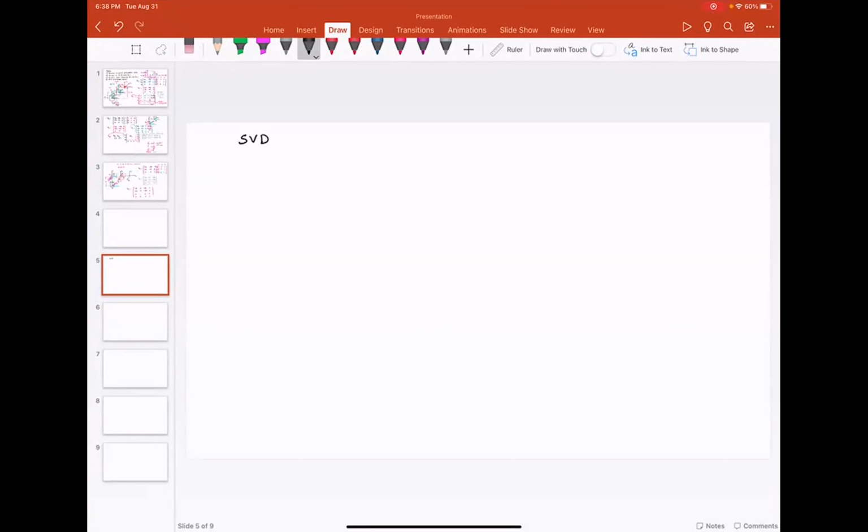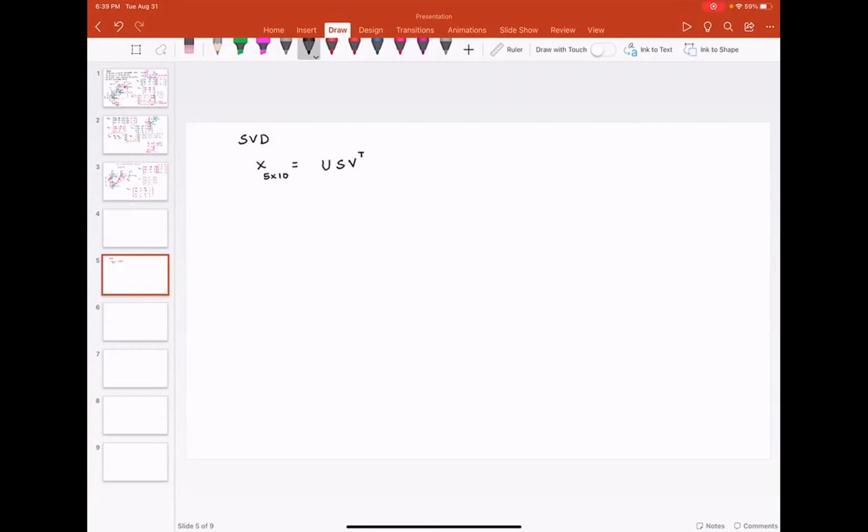If I have a rectangular matrix X, maybe 5 by 10, you cannot find eigenvalues of this matrix, but you can use SVD to decompose it into U, S, V transpose.